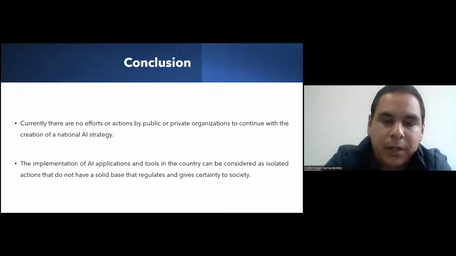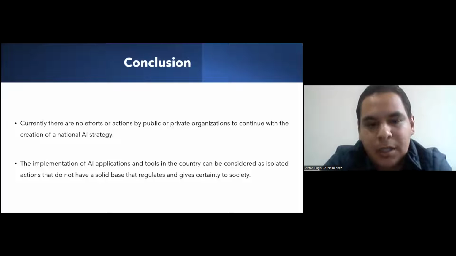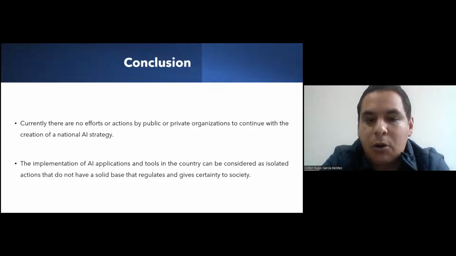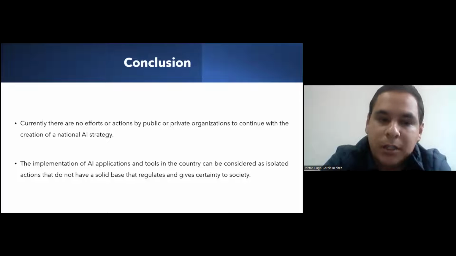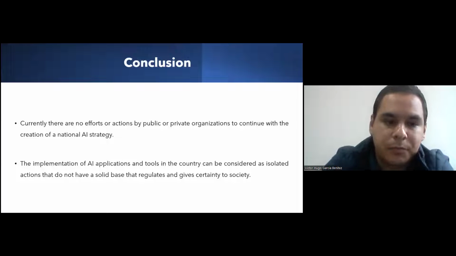Finally, the study of AI strategies is important and relevant to the empirical field of AI analysis in the public sector, since this kind of research allows us to understand how to regulate and establish the actions to implement the different artificial intelligence applications in all sectors of society.